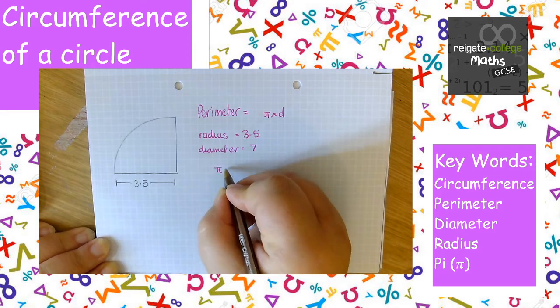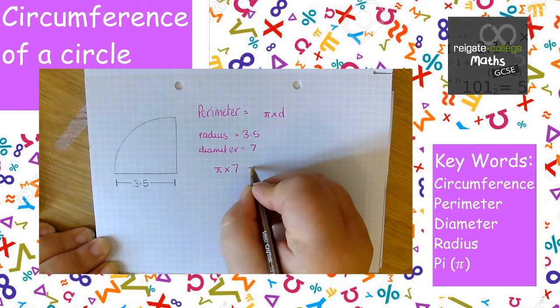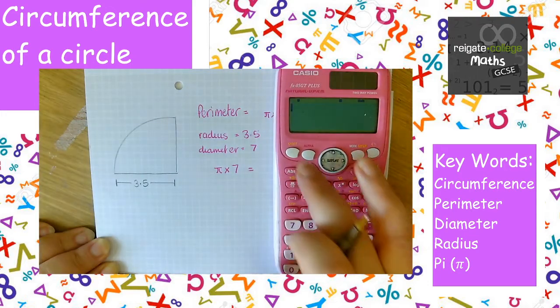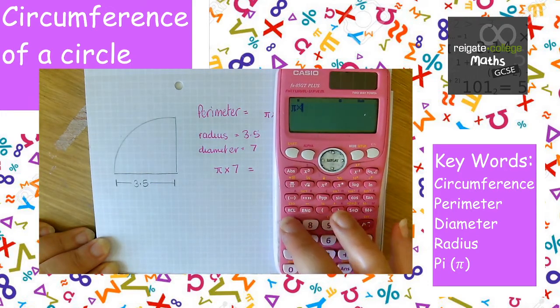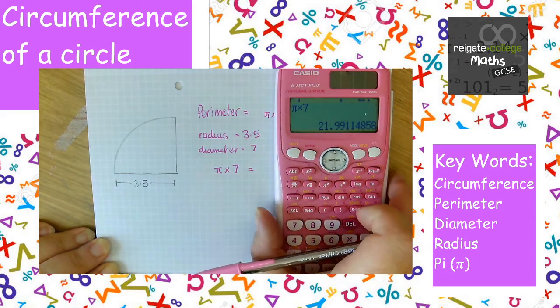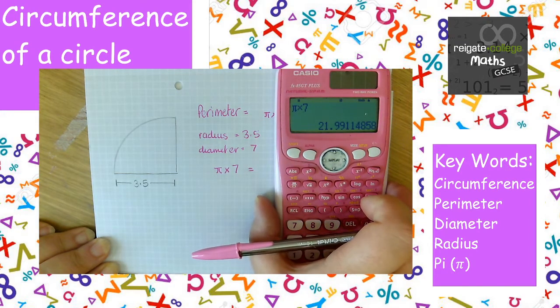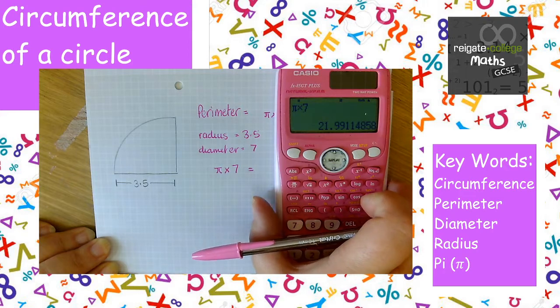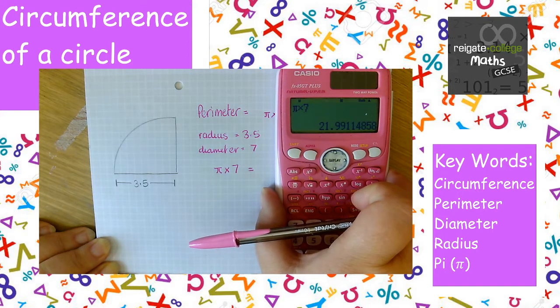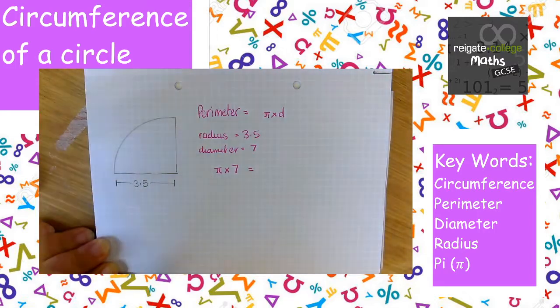So pi times 7 equals the circumference of the full circle. Pi times 7 gives me a full circumference of 21.99, which when I round it to 3 significant figures is actually going to round up to 22.0.